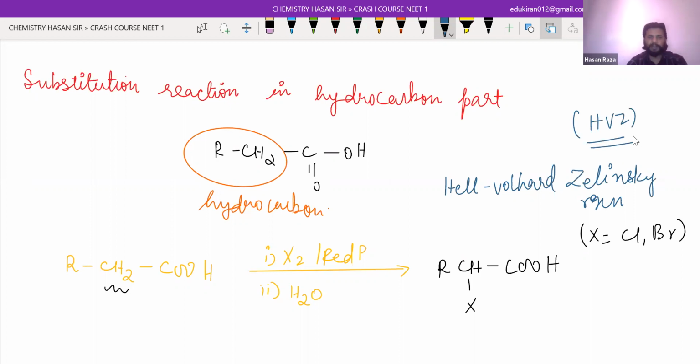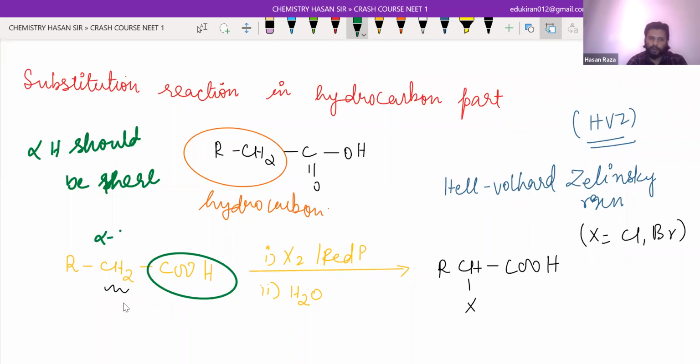The reaction is very important. There is a condition for this reaction: alpha hydrogens should be there. As you know, this is your main functional group, so this will be the alpha carbon and it has two alpha hydrogens. So this X will replace or substitute the alpha hydrogen. Always do remember.